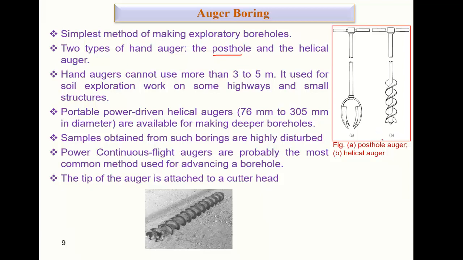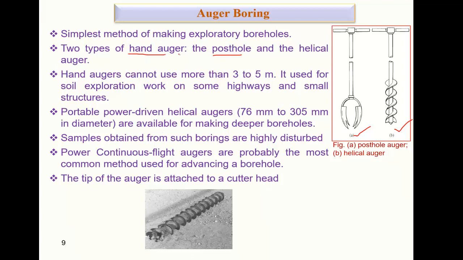You can see in this picture A, this is the post hole auger, and this is the helical auger. Maybe you have seen the carpentry mistry using this helical auger while they drill the wood, right? Do you see this kind of activity in your house with the carpentry mistry? Yes, sir.